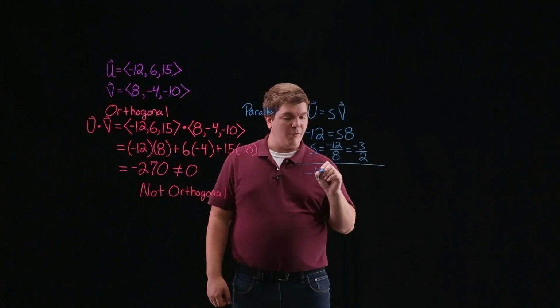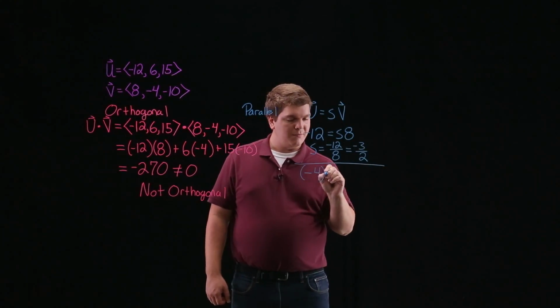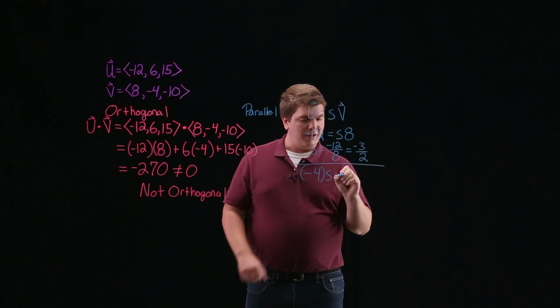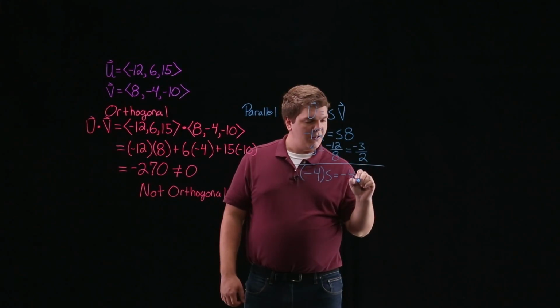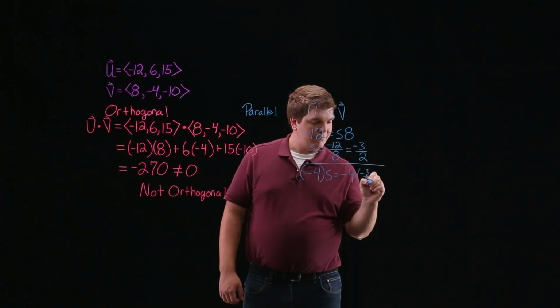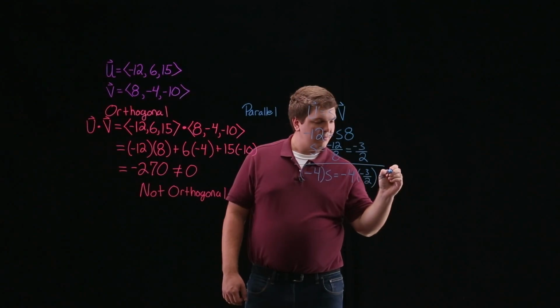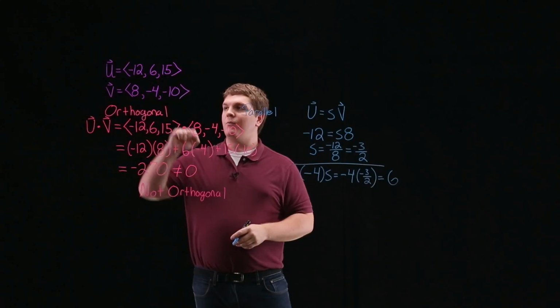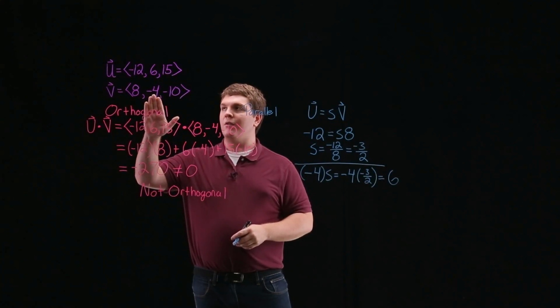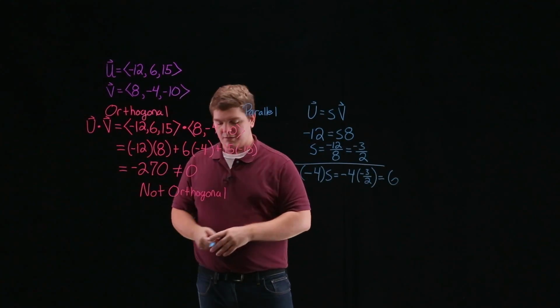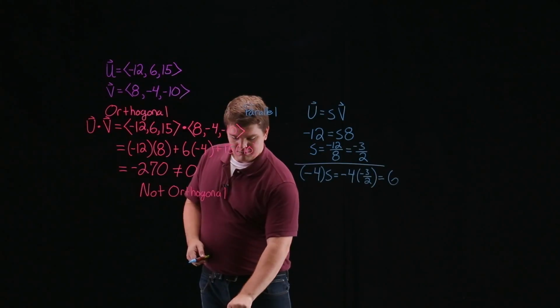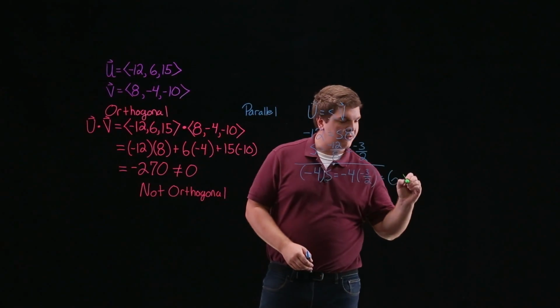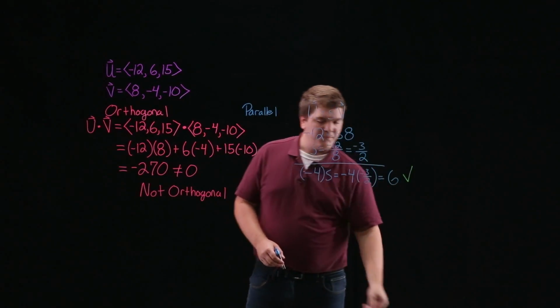We'll multiply -4 by s, which is -4 times -3 halves, which is 6. And just by looking at u, we see that if we multiply -4 by our s value, we should get 6, which we do. So this s value works in our second component also.